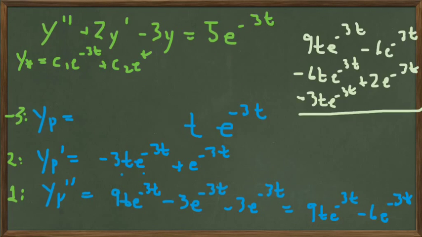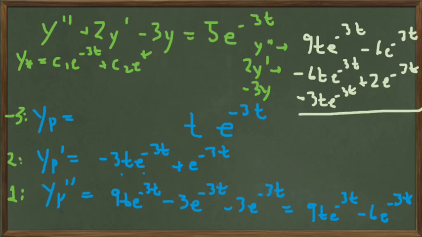So we put together here the left-hand side of the differential equation. This is the minus 3y. This is the 2y prime, and this is the y double prime.